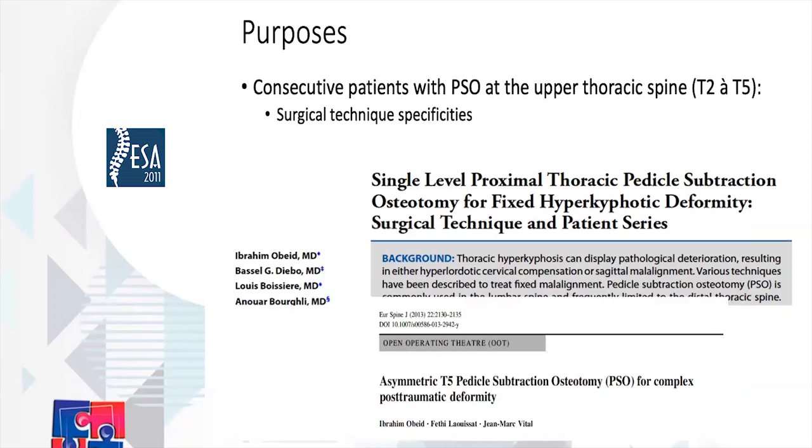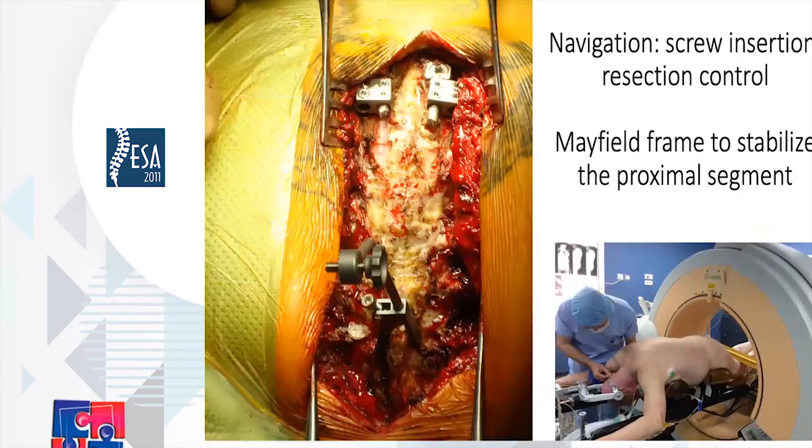As we just said, navigation is useful to control screw insertion, but especially to control the amount of vertebral resection. Mayfield frame will stabilize the proximal segment. During vertebral resection, it is very important to leave 0.5 to 1 centimeter of bone anteriorly that help to avoid instability and vertebral translation.